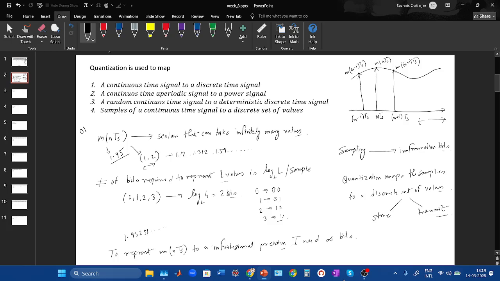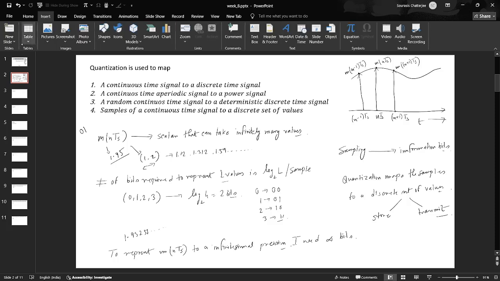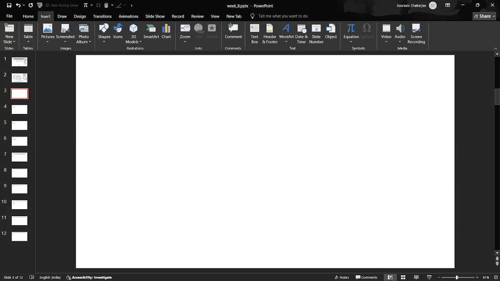Let me introduce a new slide here. Let us go into the maths part of it, the mathematical foundation for quantization.